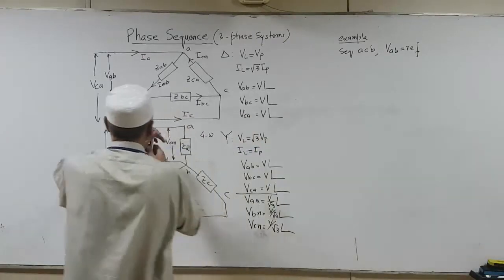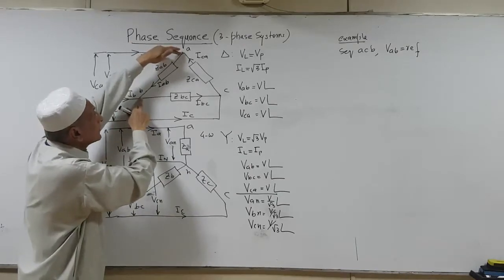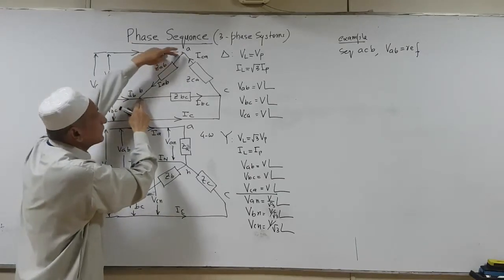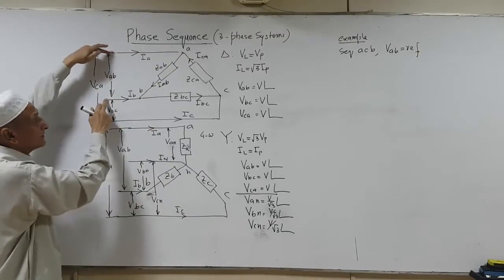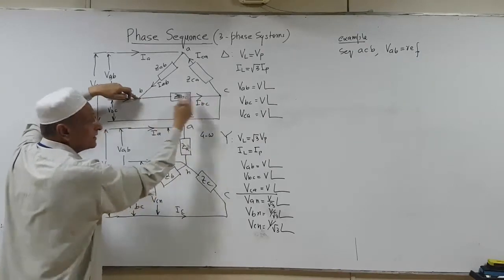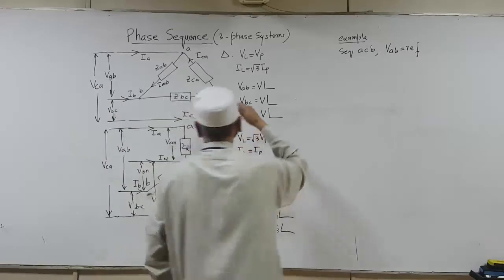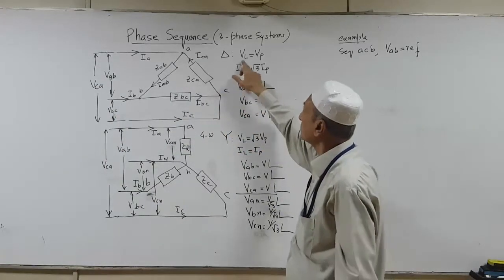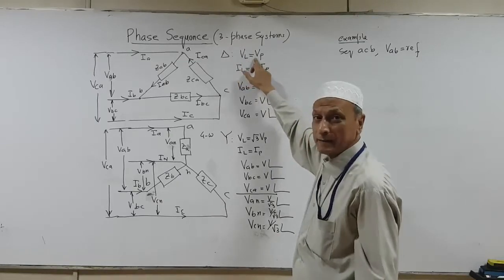For example, ZAB is connected across the AB terminals, and the phase voltage is the same as VAB, the line voltage. Similarly, for the impedance connected between B and C in a delta system, the voltage is VBC. So, in short, in a delta system the line voltages and the phase voltages are the same.